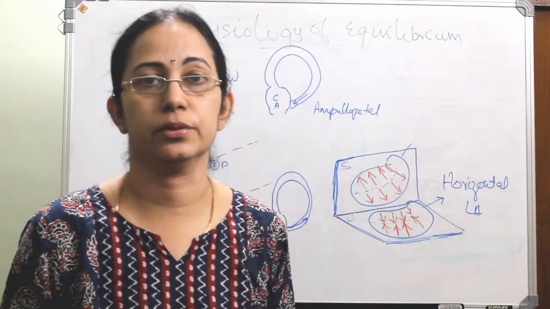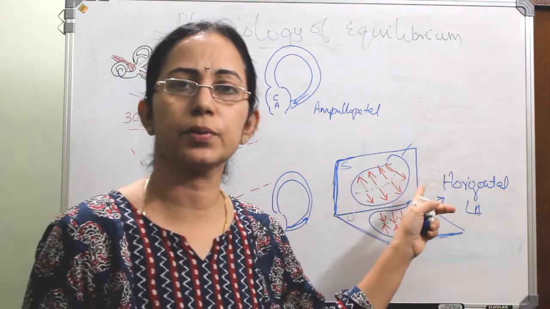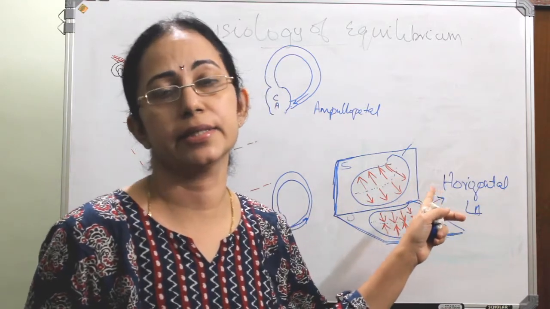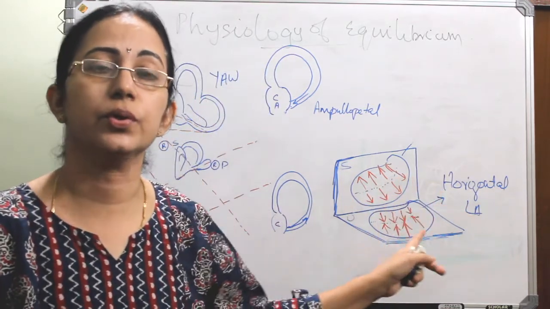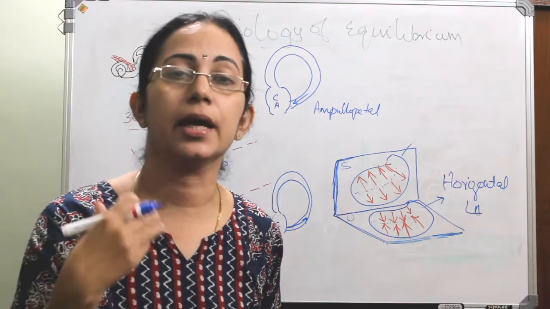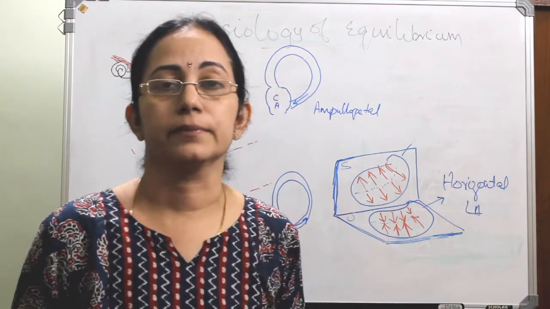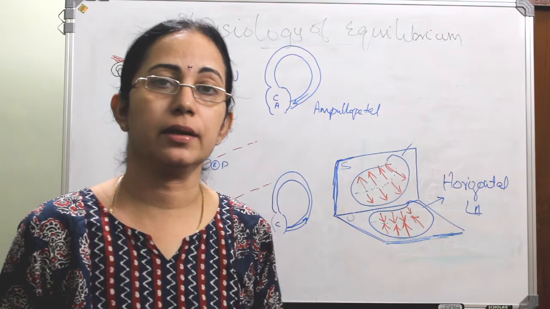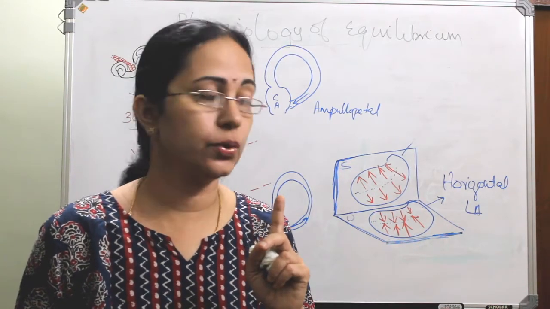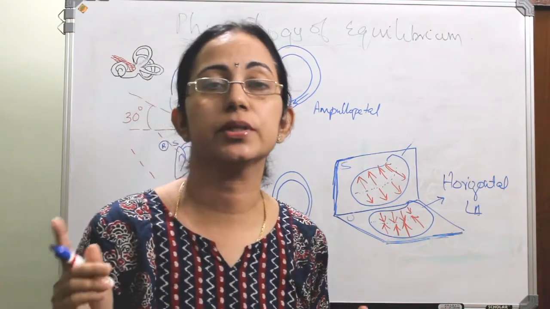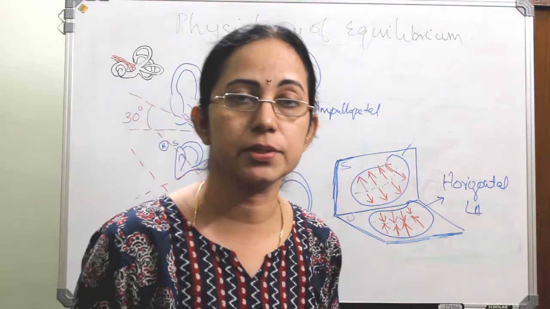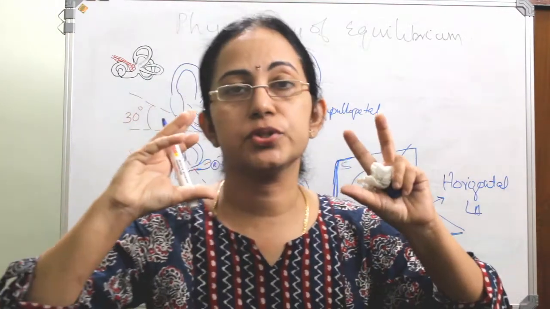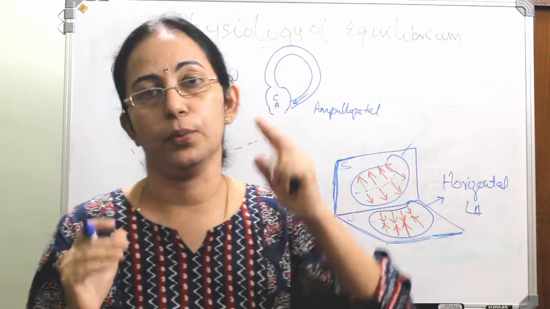So the saccule mainly responds to vertical linear acceleration and the utricle to horizontal linear acceleration, and the horizontal semicircular canal responds to the yaw movement, and the posterior as well as the superior semicircular canal respond to pitch as well as the roll movement.